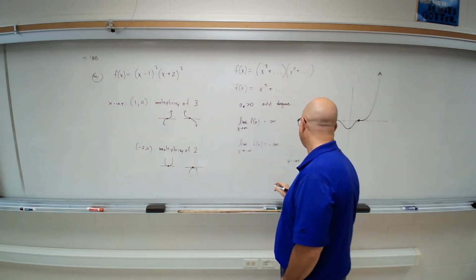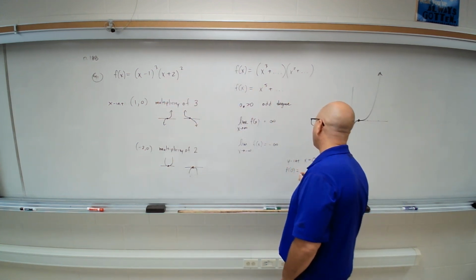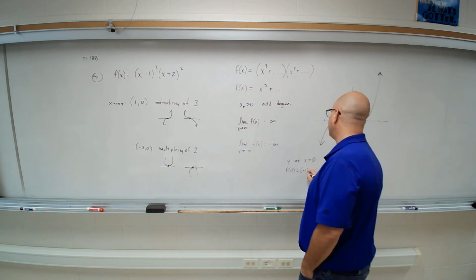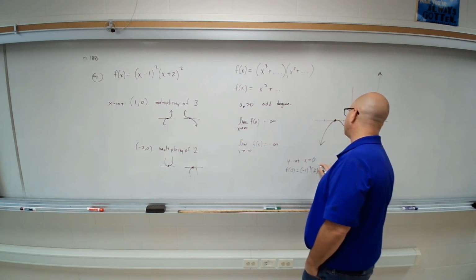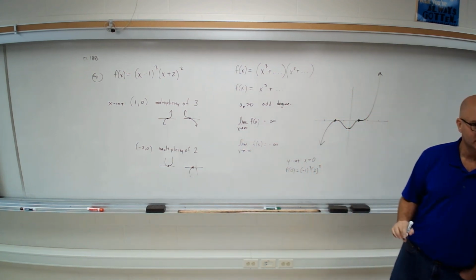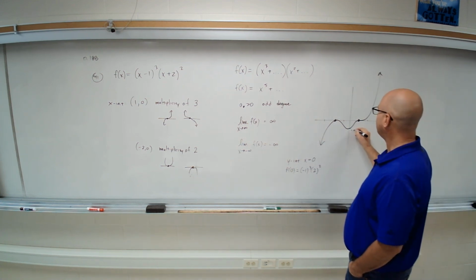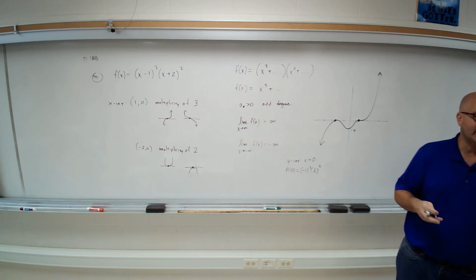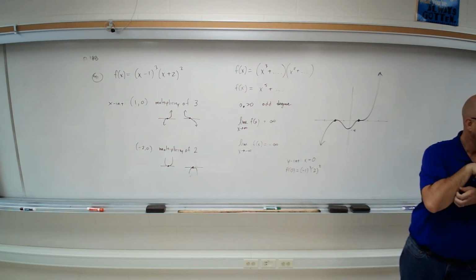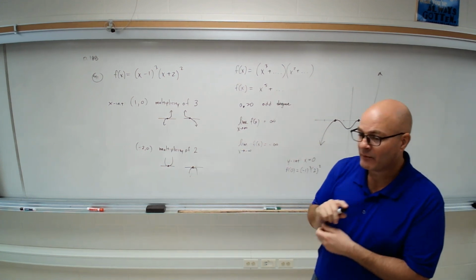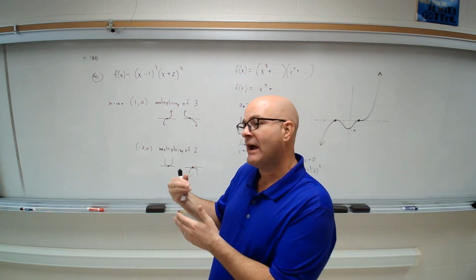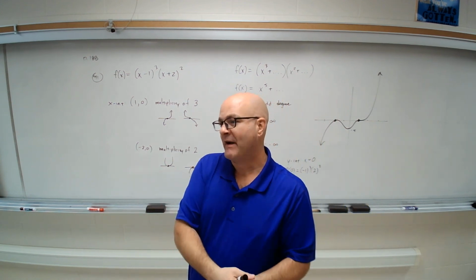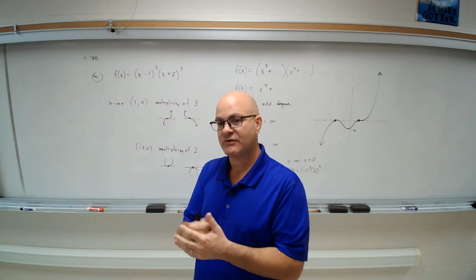So if you do that, you get f of 0 is -1 cubed times 2 squared, which is just -4. So you could find that pretty easily if you wanted to, just to give you an idea of what the scale looks like. So that's an example of how we can use our new end behavior along with the bounce stuff to help us construct a good graph there.